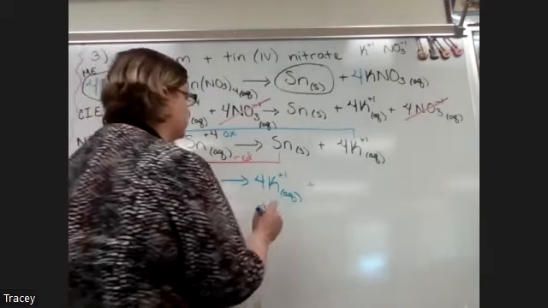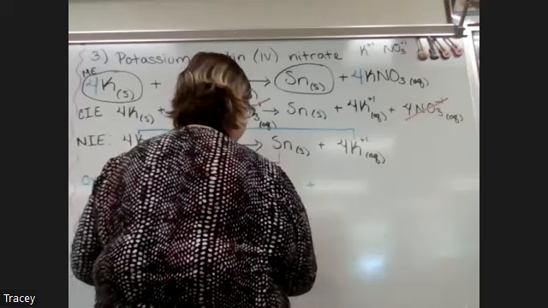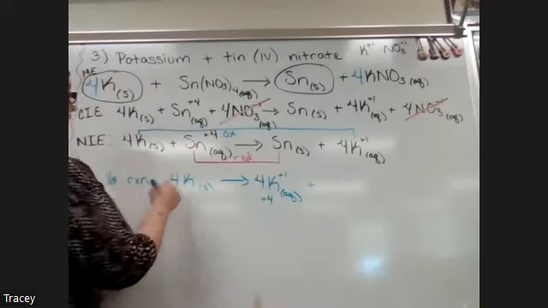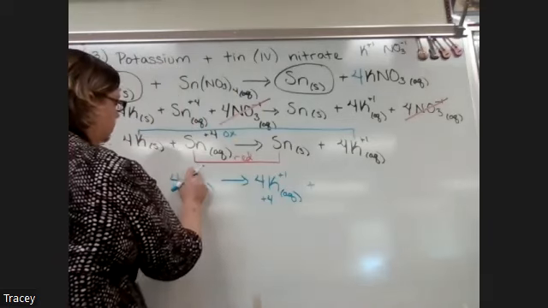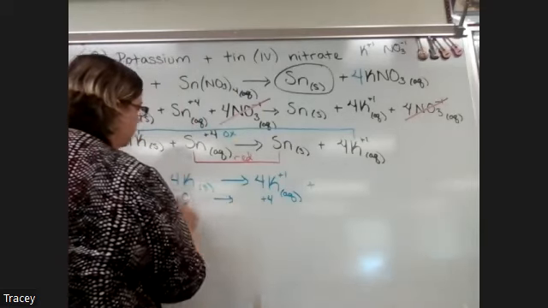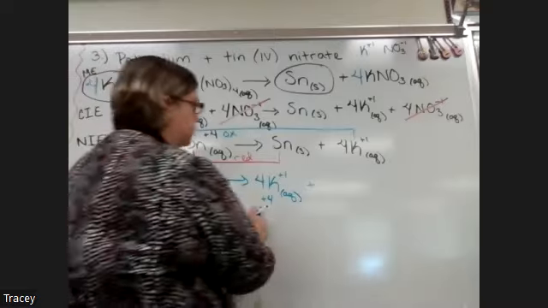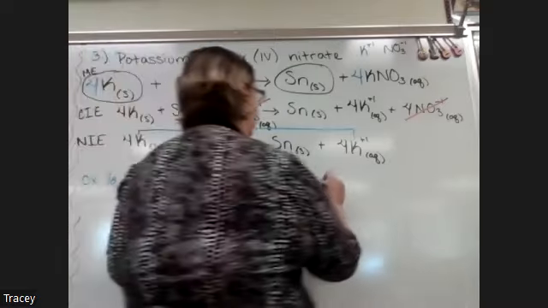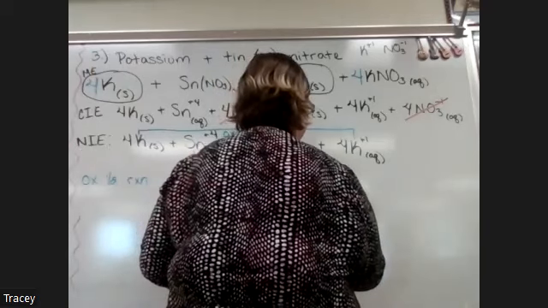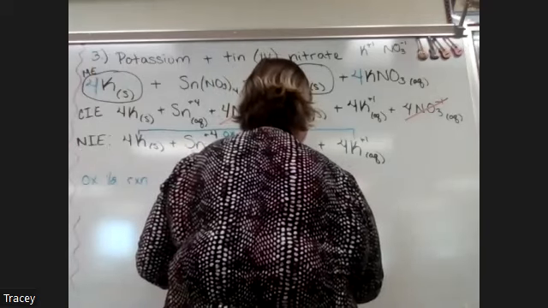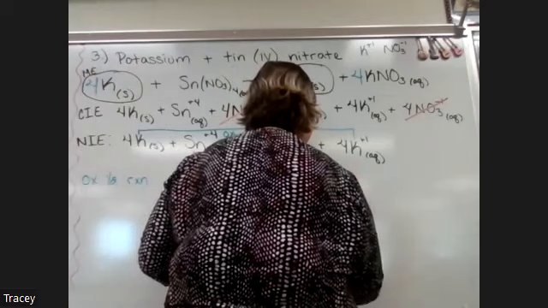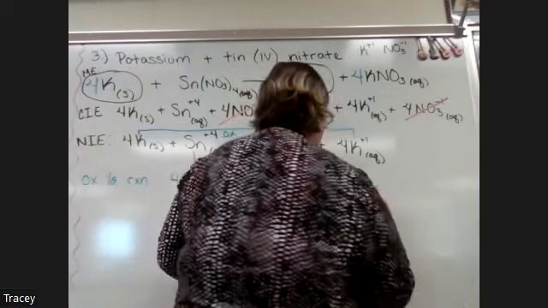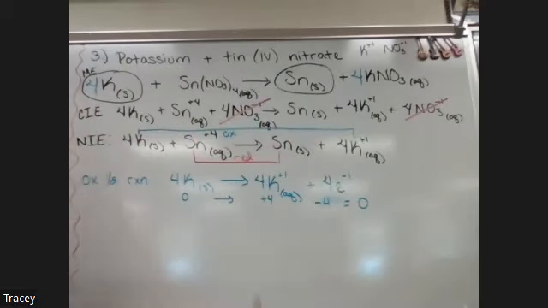So we have a total of +4 with that potassium. We have 0, 4 times 0 is 0, so we have 0 in the reactants, but +4 in the products. So we need 4 electrons with a -1 charge to give us the -4 to balance out that positive.